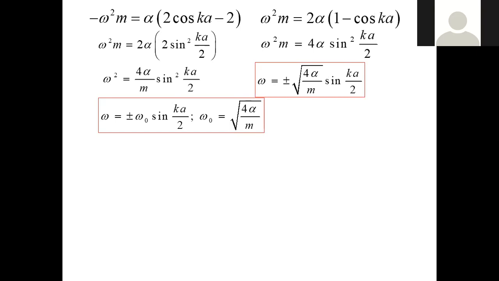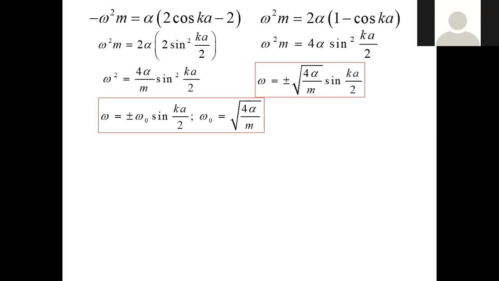It means that if you know the wave vector in different directions, then you can determine with which frequency the wave will propagate through. So this is known as the dispersive relation.